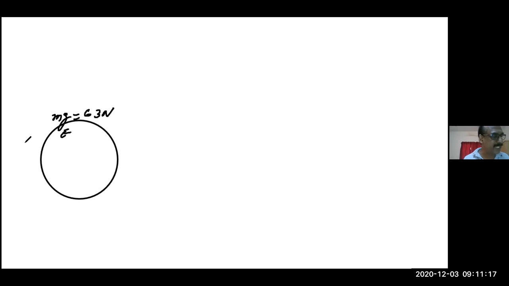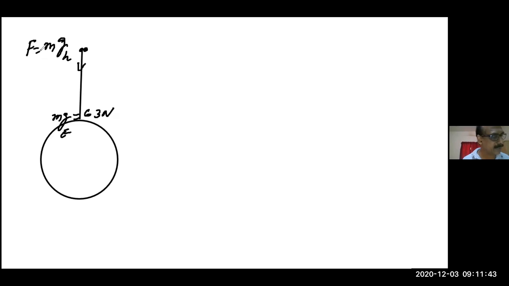What is the gravitational force on it? Gravitational force means weight. What is the gravitational force on it due to the Earth?